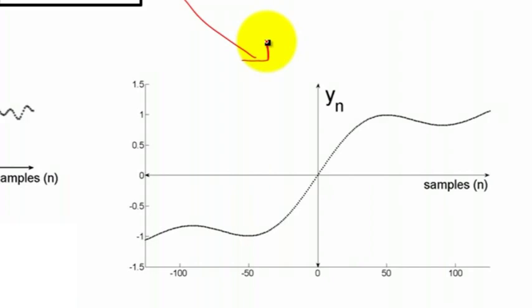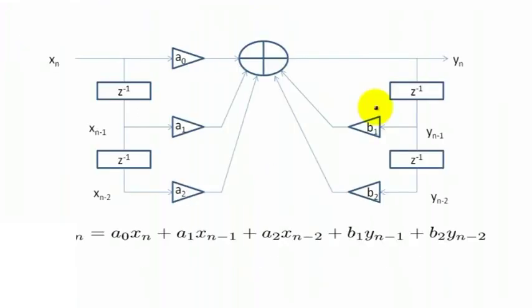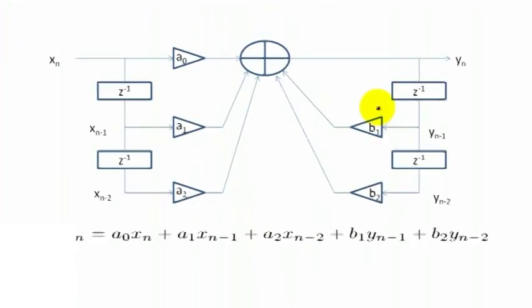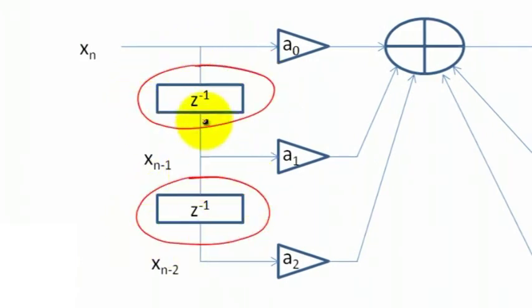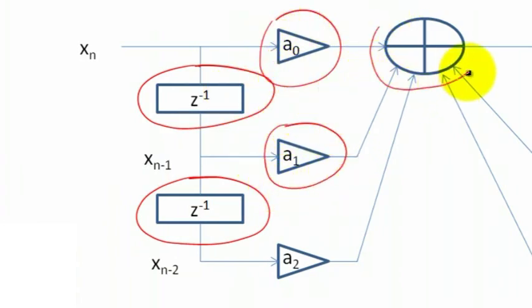Here's a generic example of a digital filter. The digital filter creates y sub n by applying a series of delay operations, multiply operations, and add operations. Notice how the subscripts change with every delay.